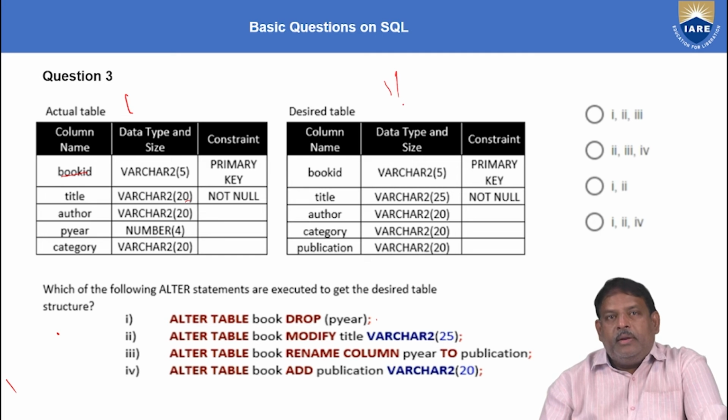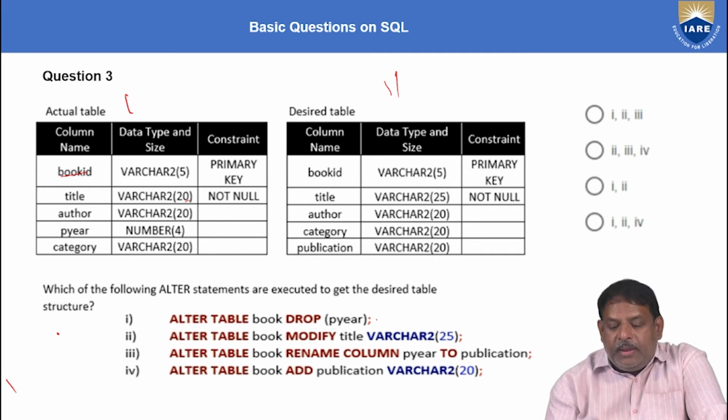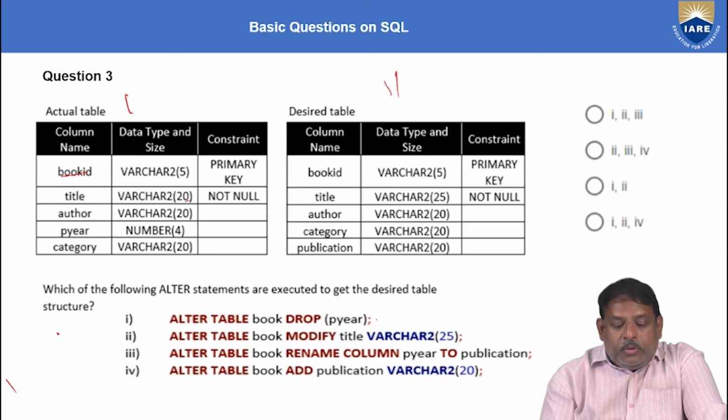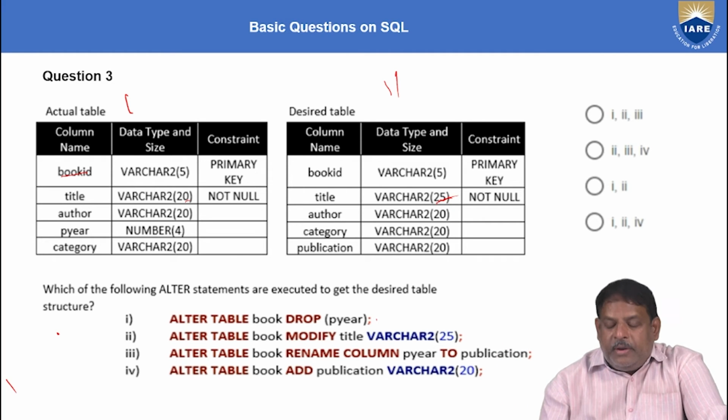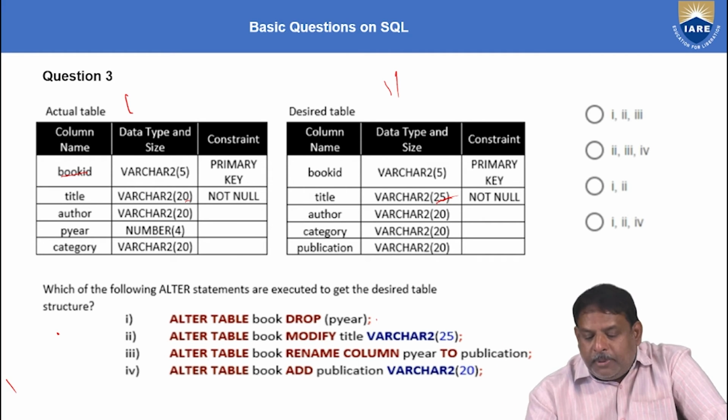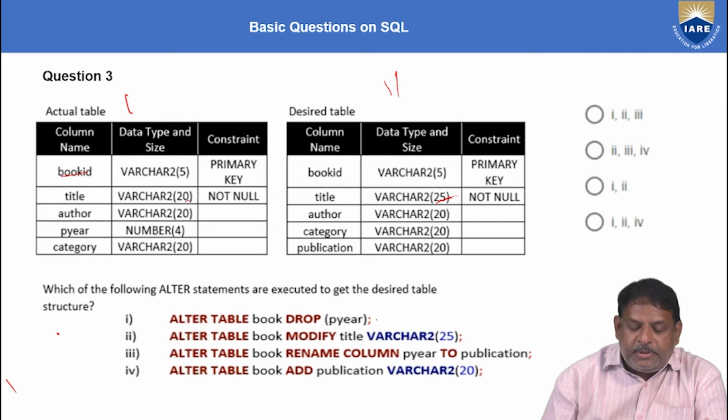Okay, fine. Till here, fine, right? Now what do you see in this table here? The first column remains unchanged. Okay. In the second column, title remains the same, but the size is 25, from 20 making it 25. So alter table can be done for 3 purposes.